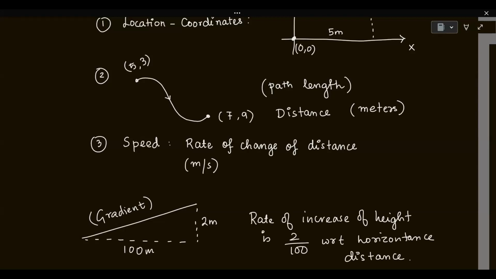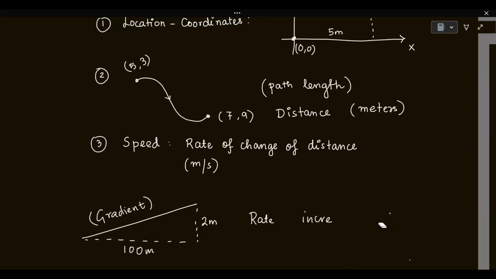You can use the word rate to define any kind of change with respect to something. Now, in here, the rate at which the vertical height is increasing is 2 by 100 with respect to horizontal distance. So the word rate is how much one quantity is changing with respect to another quantity. Now, if nothing is mentioned at the end, with respect to what, we generally assume it is with respect to time.